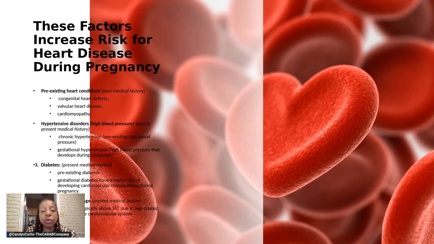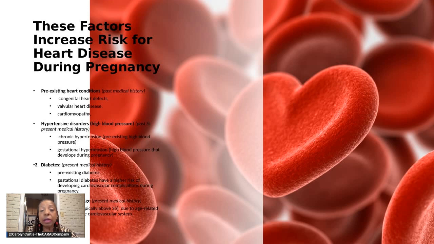The risk factors. If you have any pre-existing risk factors, such as congenital heart disease, those things will put you more at risk. If you've had any kind of high blood pressure prior to the pregnancy, or high blood pressure called gestational hypertension that develops during the pregnancy, then this is going to increase the risk for cardiac disease during pregnancy.